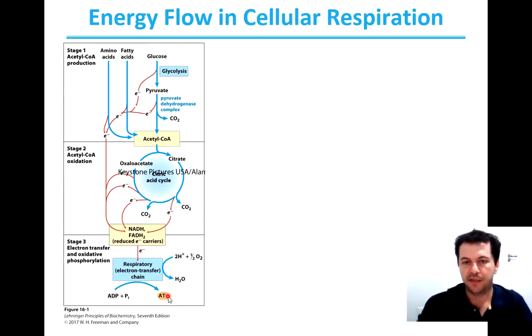The ATP synthase in the mitochondria is very similar to the ATP synthase of the chloroplast, quite similar in structure and in amino acid sequence, and the mechanism of ATP synthesis is basically the same. You have a gradient of protons, and the ATP synthase dissipates this gradient, and then you have ATP synthesis.